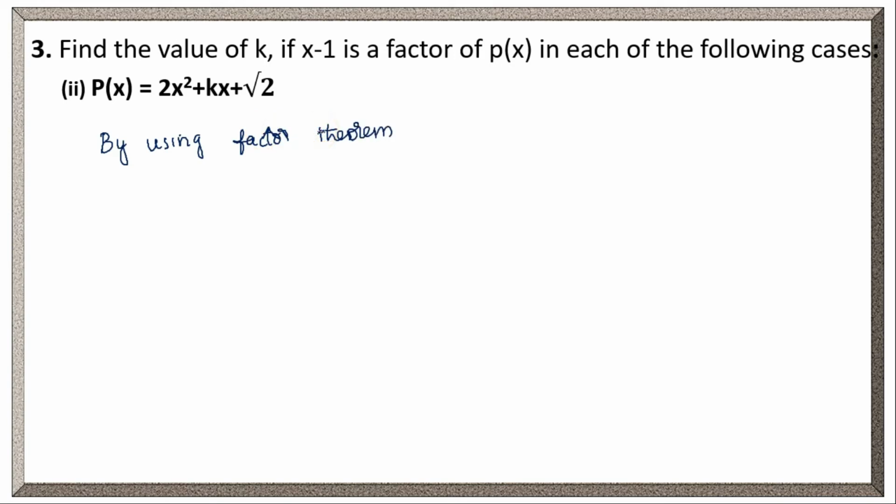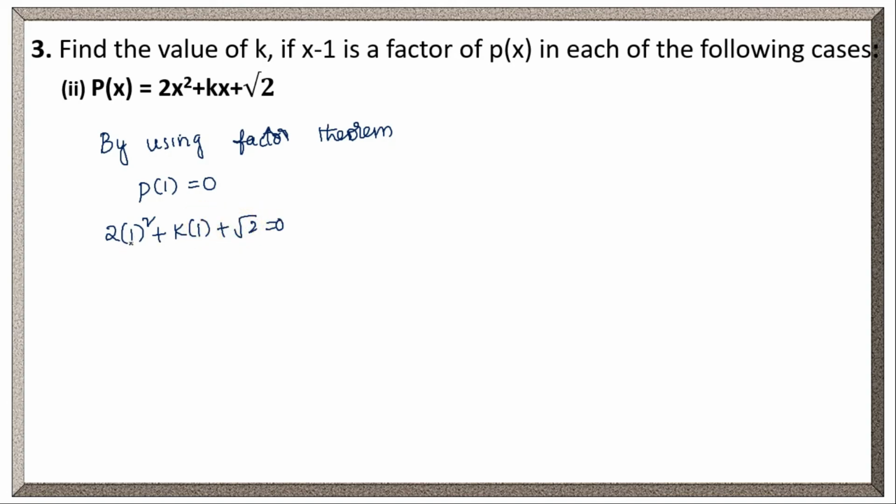As I explained in the previous problem, p of 1 is equal to 0. Here what is p of x? 2x square plus kx plus root 2. That means wherever x is there we need to keep 1. So 2 into 1 whole square plus k into 1 plus root 2 is equal to 0.